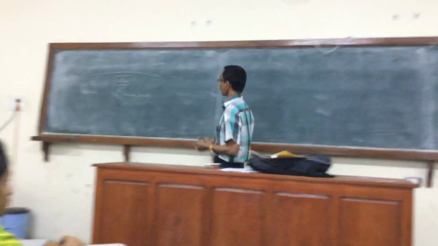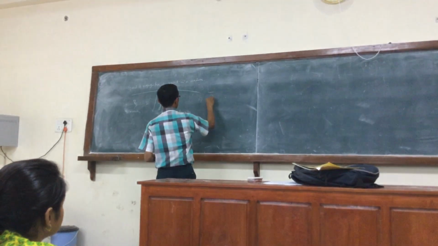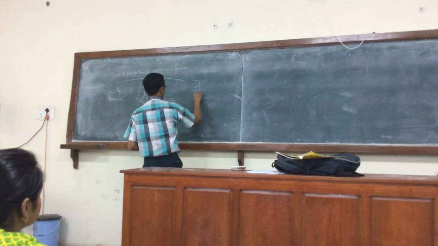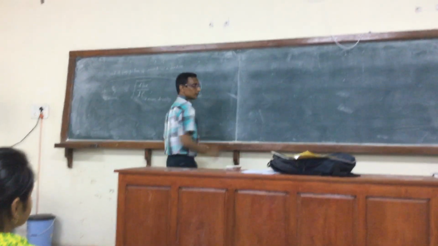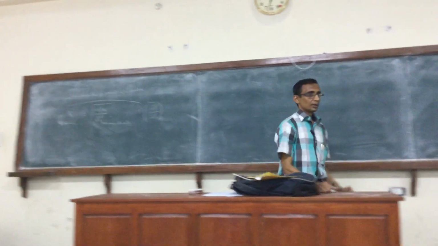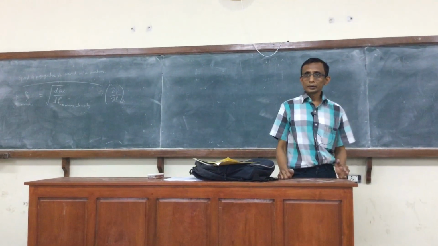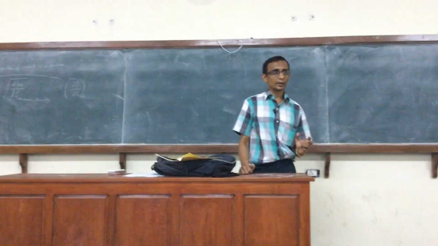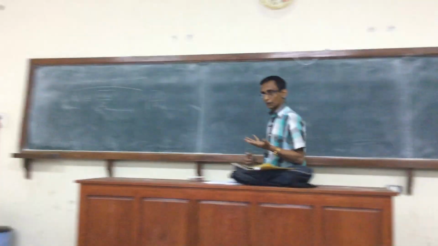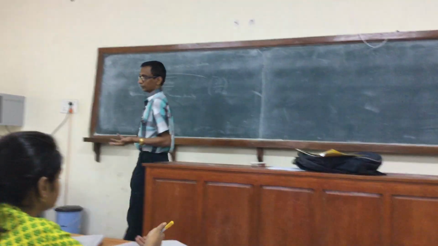So the derivative we need can be written as dP by d rho at constant entropy, because constant entropy is equivalent to the reversible adiabatic process.